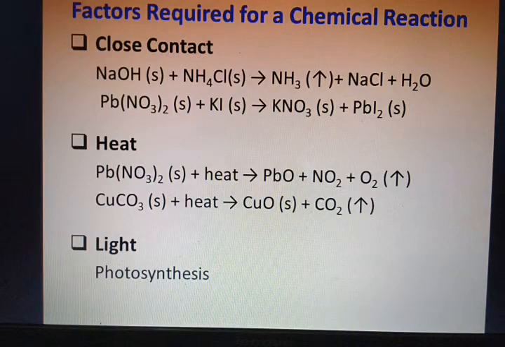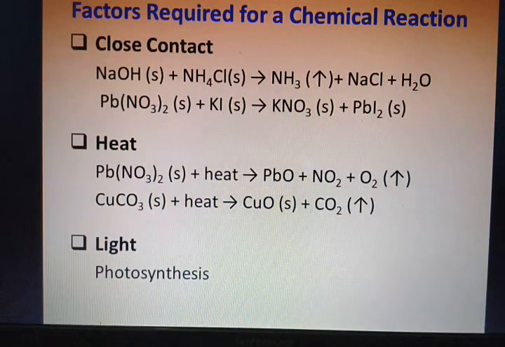When two substances do not come in contact, do you think the reaction will take place? Definitely not. So close contact is a very important parameter for a chemical reaction. Thousands of reactions demonstrate that without close contact, a reaction is impossible.